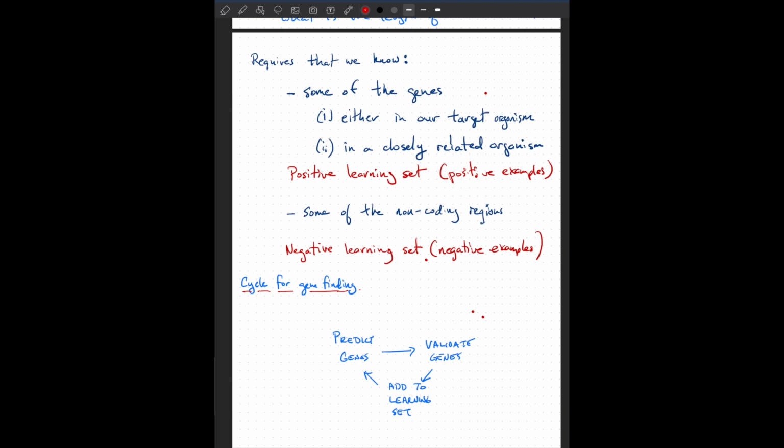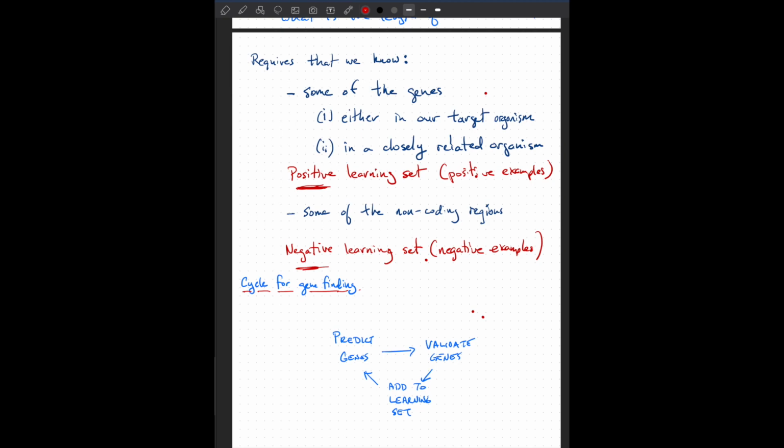Those examples of the coding regions are what we term the positive learning set. So they're positive examples. And those regions that we know are non-coding, we term the negative learning set. So our learning set, some people might call it a gold standard, consists of two sides, positive examples and negative examples.